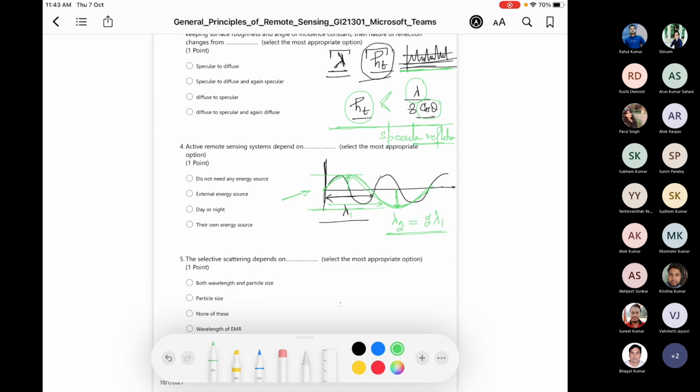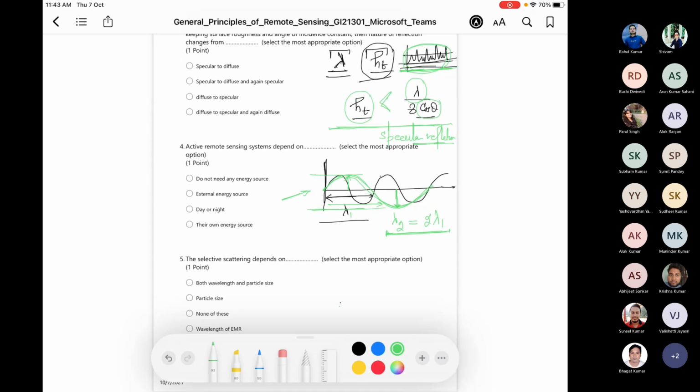As I'm talking over here, lambda 1, in case of lambda 2, what is happening? Lambda 2 is less than or equal to 2 times lambda 1. In this case, the rate of change is slow. So if the rate of change is slow, it is compensated even if the standard deviation is more.